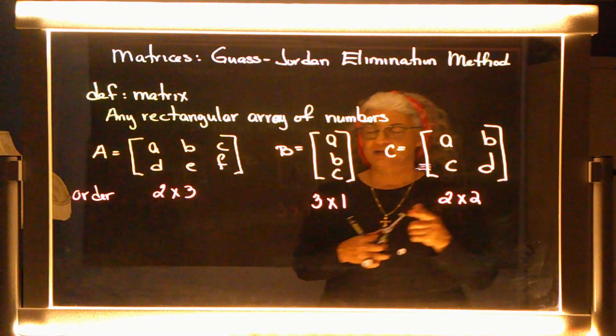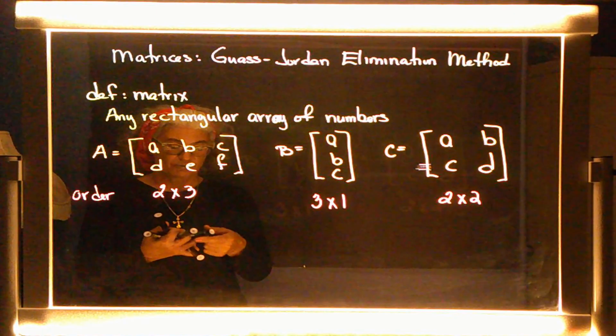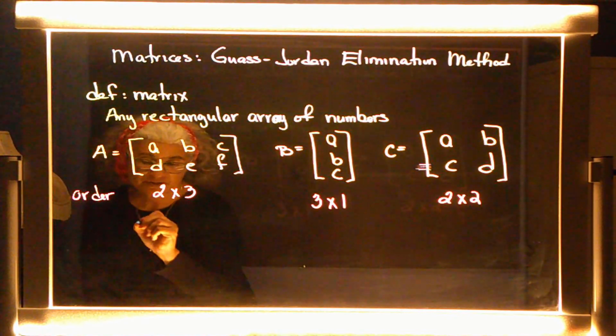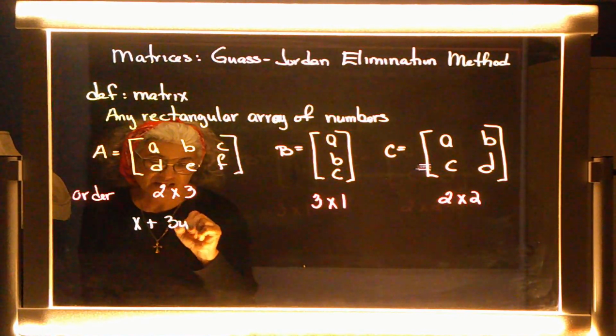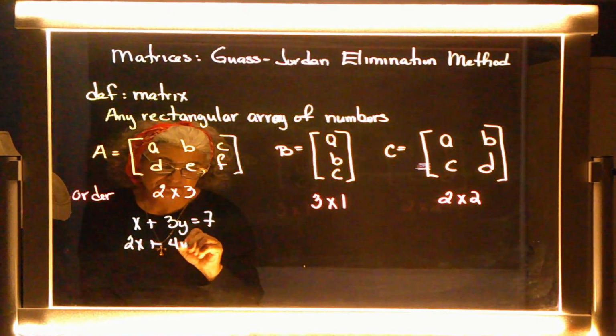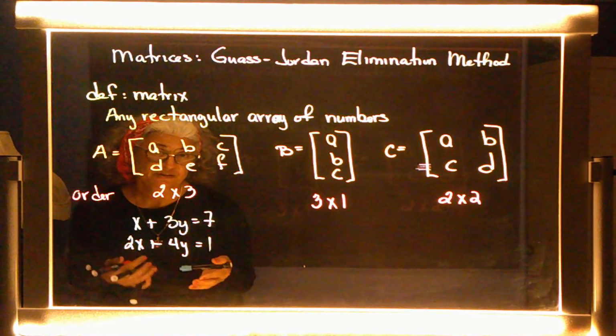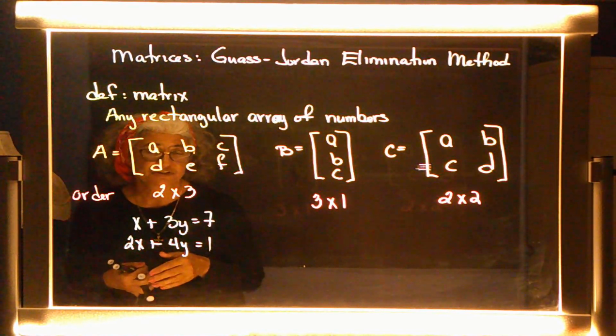Now let me get back to that elimination method for a moment. Remember, if you were solving systems of equations that look something like this, we would need to choose one variable to eliminate and get the coefficients the same.